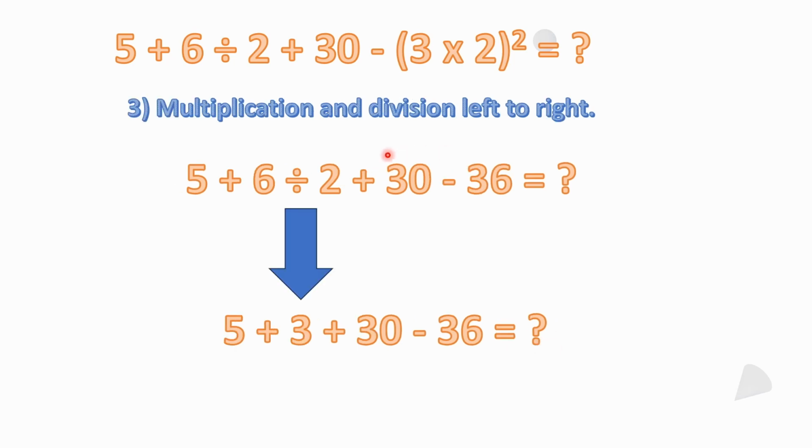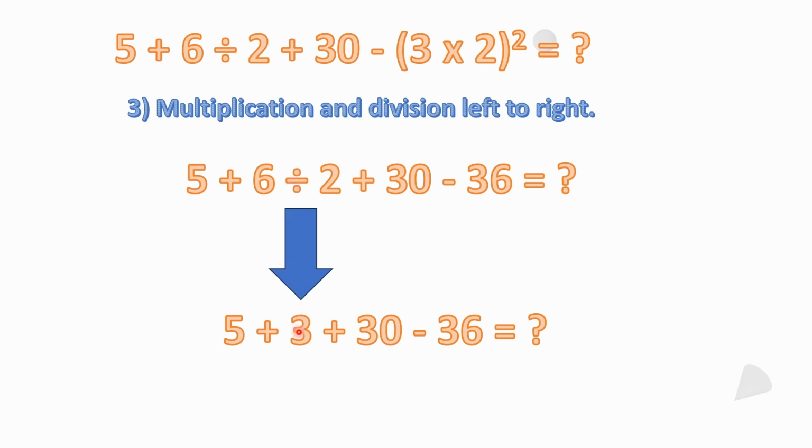Once we've solved our exponents, the next thing is our multiplication and division left to right. If we're going left to right, what's our first operation of the two? We have division, so that's what we do first. We don't even have any multiplication here, so we start with our division. That's fairly easy. 6 divided by 2 is 3.